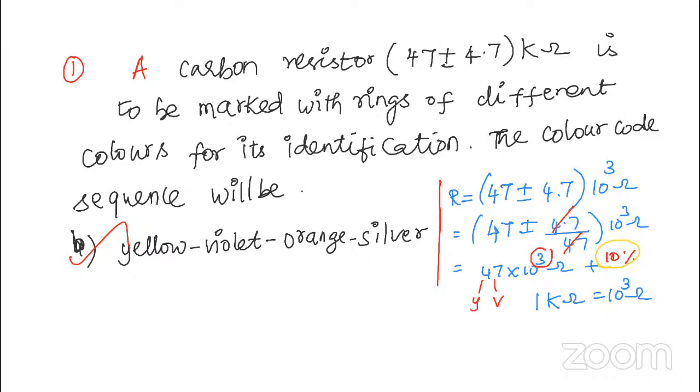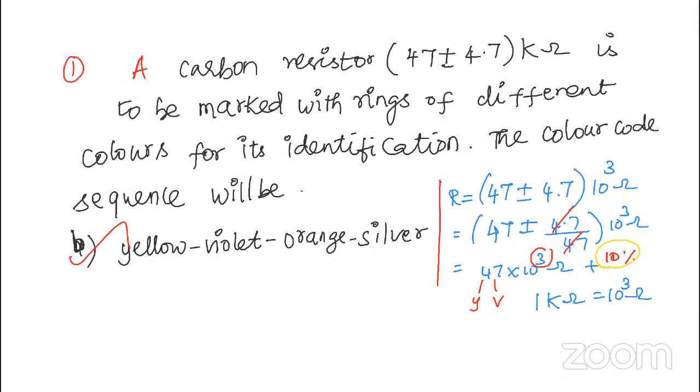For 4.7 divided by 47, that is 1 by 10. If you convert 1 by 10 into a percentage, it is equal to 10 divided by 100. We just cancel it and finally calculate the percentage.